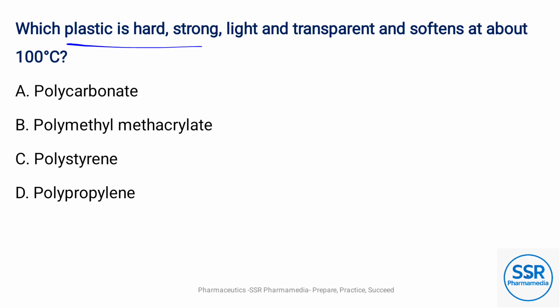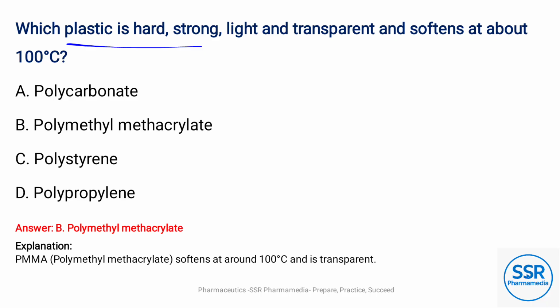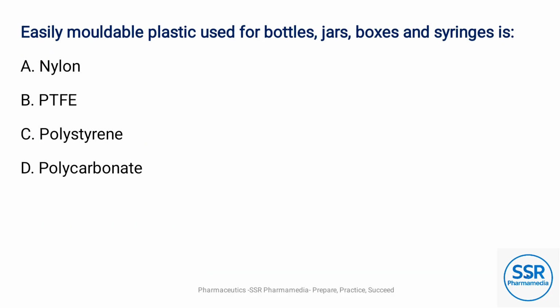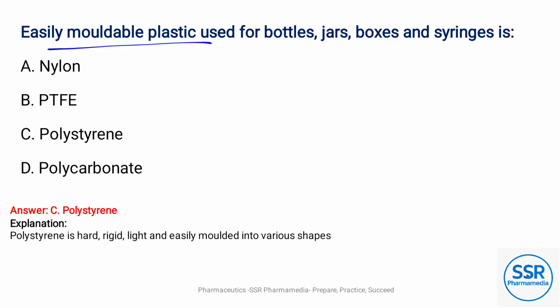Which plastic is hard, strong, light, and transparent and softens at about 100 degrees Celsius? So option B is the answer, polymethyl methacrylate. Polymethyl methacrylate softens at around 100 degrees and is transparent. Easily moldable plastic used for bottles, jars, boxes, and syringes is, so option C, polystyrene.